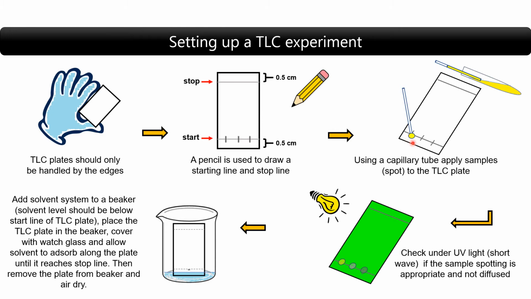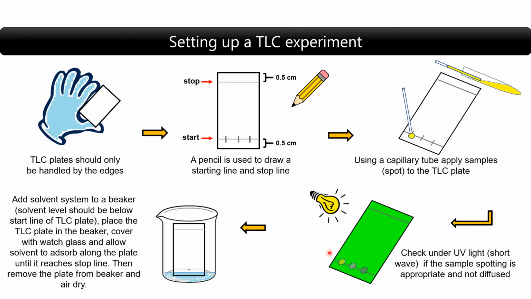Once we apply these spots on the markings that we made, we will check the plate under UV light, and in the UV lamp that we were using, we used the short wave in order to shine this plate in green fluorescence light, and we would be able to see the spots that we applied.